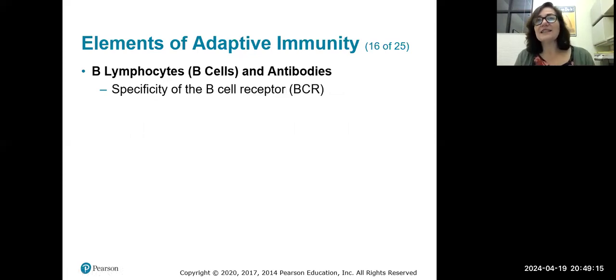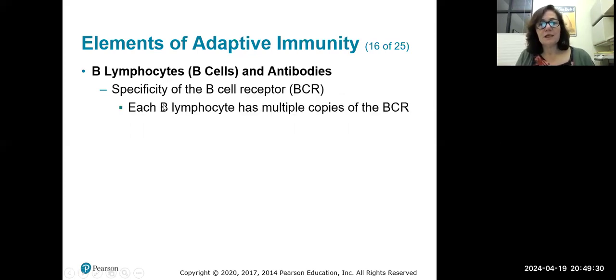The B cells, like the T cells, are also pretty specific in what they can react to, determined by their cell receptor. So a B cell receptor is a BCR. Each B cell has a bunch of copies of the BCR.